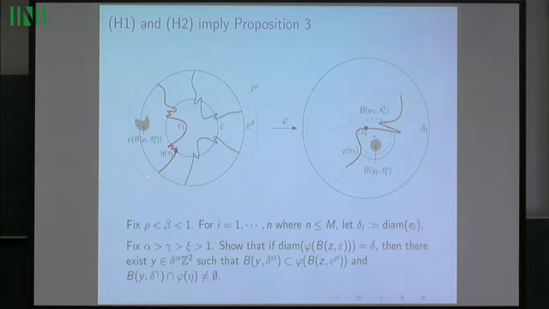inside this ball, we can find some smaller ball, which is of diameter delta 1 to some power alpha. Alpha is bigger than 1, but can be as close to 1 as possible. So it's kind of saying that the image is close to being round.